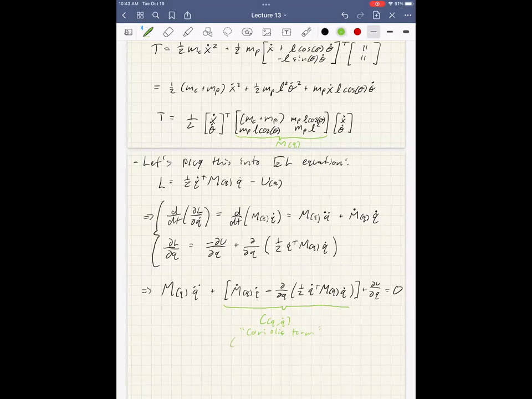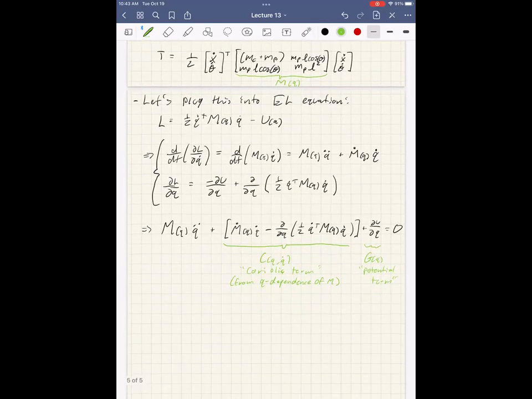It comes from the q dependence of m, so if m doesn't depend on q, this goes away, right? And this guy over here is typically called g of q, and this is kind of the potential term. And then we know what the other stuff is.